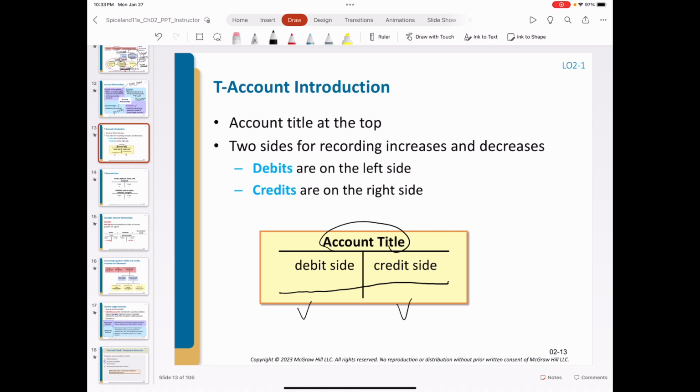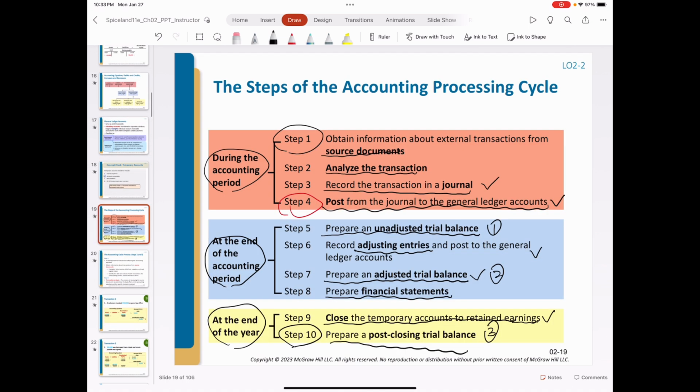We find T accounts in the general ledger, right? The purpose of these T accounts is to post the information from the journal to the T accounts. Finally, we can have the ending balance of each account. Then later, we can prepare the trial balance, which is step 5, following step 4. So the T accounts and the general ledger are to get the balance of each account.